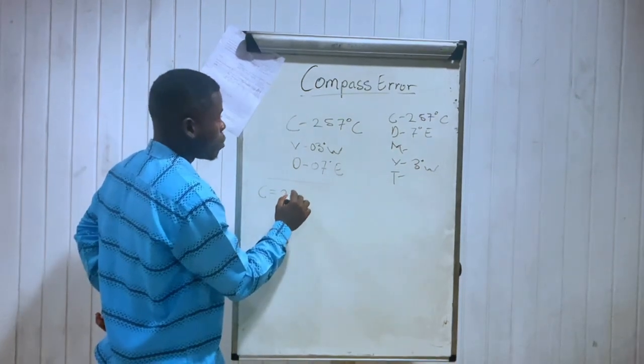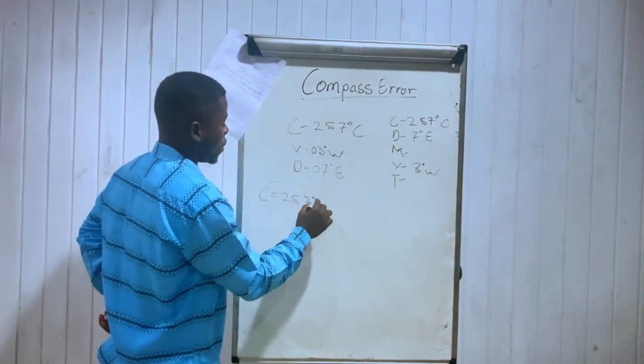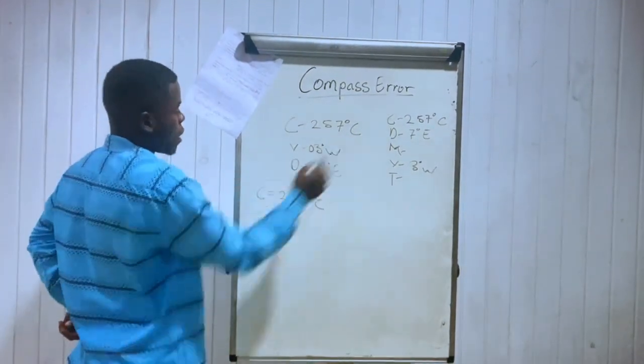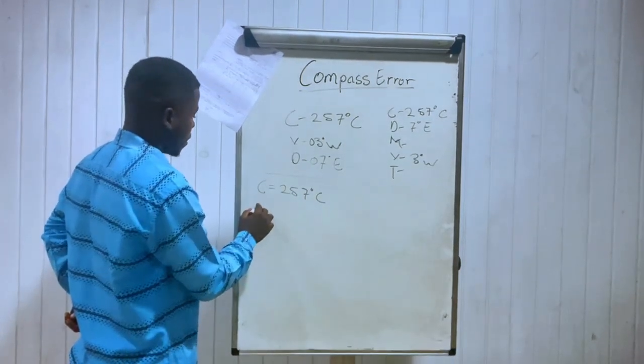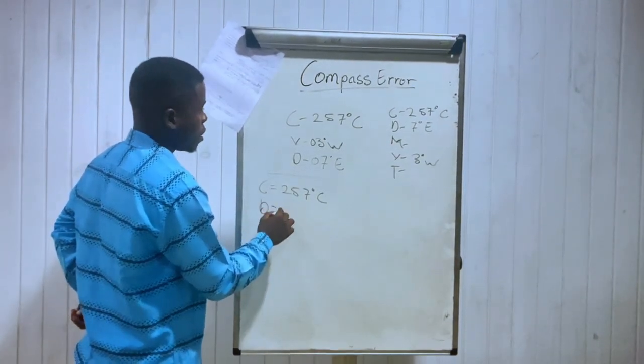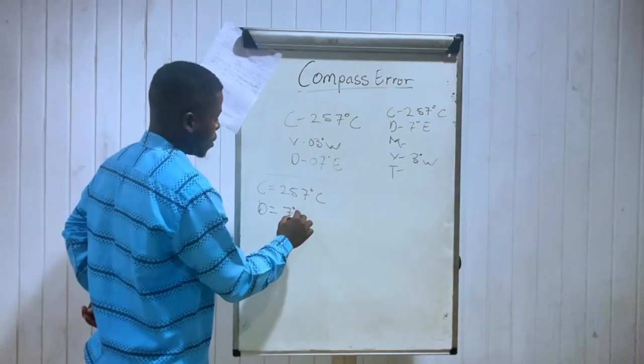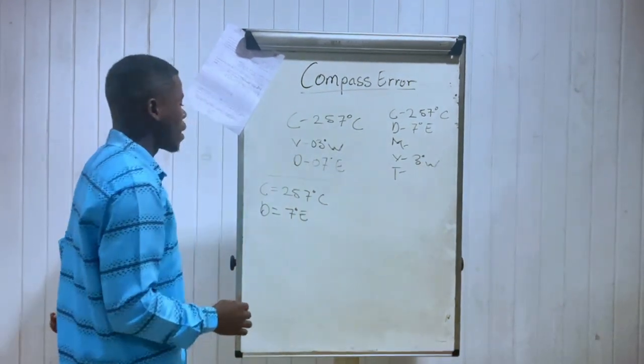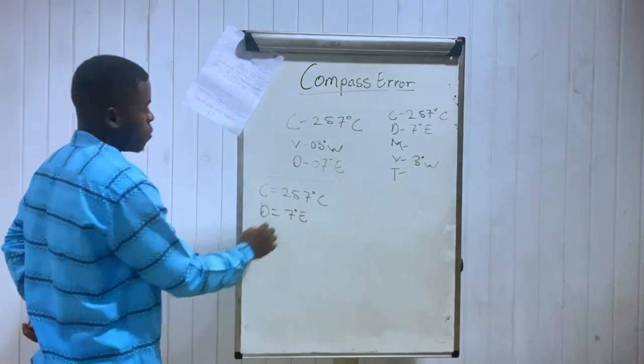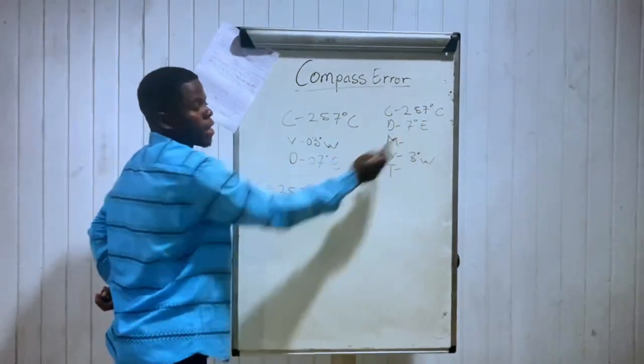So to start with this, you have your compass to be 257 degrees compass, and your deviation, D, is equal to 7 degrees east. Now we don't know our magnetic.